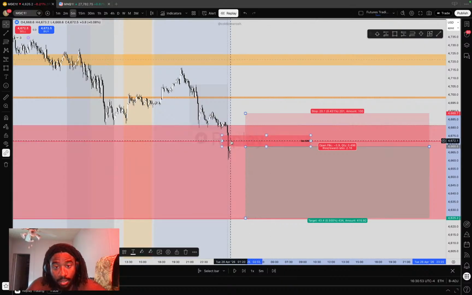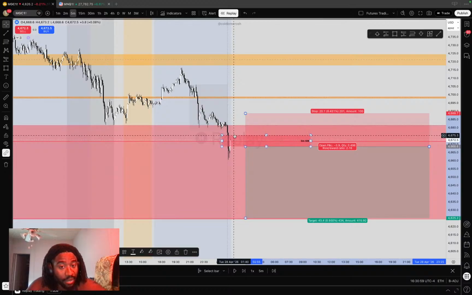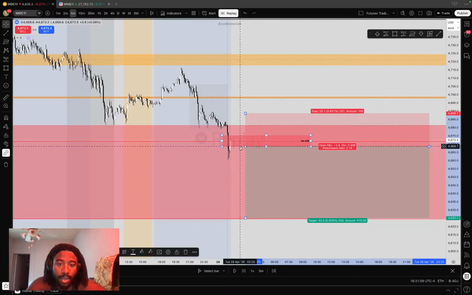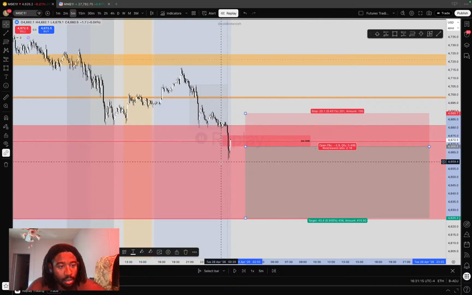Us being in the consolidation market, I was like, I don't really like that. And I didn't even wait for it to become an inversion fair value gap. If it would have become an inversion fair value gap, I could have used that as a reason for it to go up. But me being quick and automatically not liking it because of the consolidation, I just got out really quickly. Only took a 4-point loss.